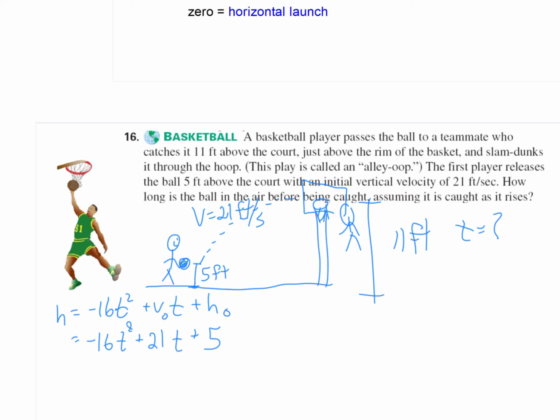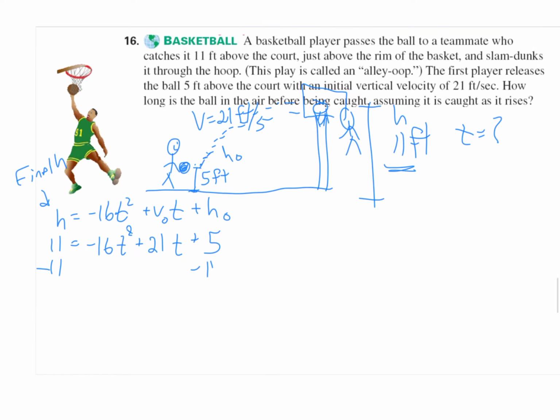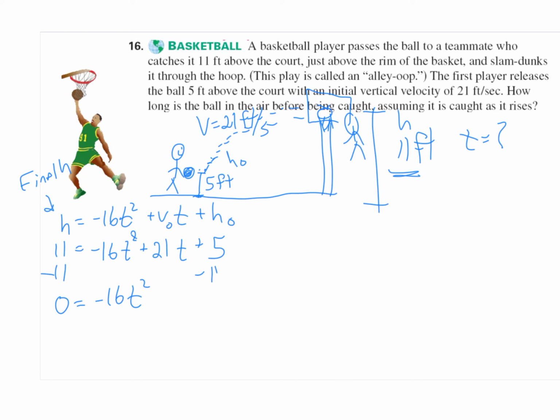Now, the final height, where the ball ends up, is 11 feet, because he's taking the ball from the 5 and going up to the ending height of 11. That's the beginning, and this is your final height. So what we'll do is subtract 11 and get this equal to 0.